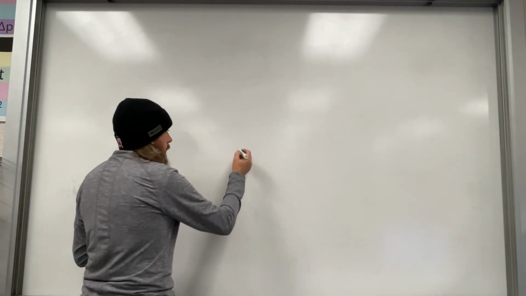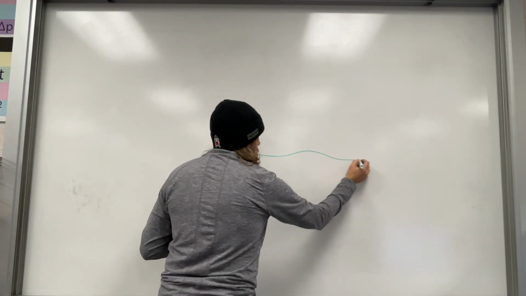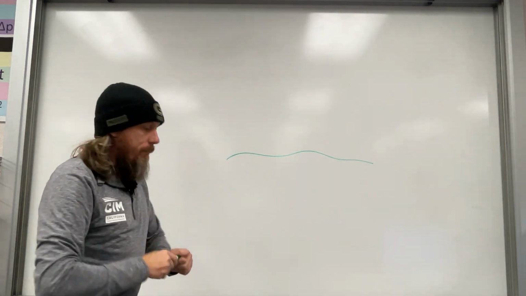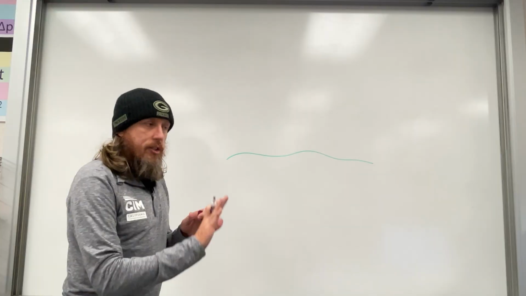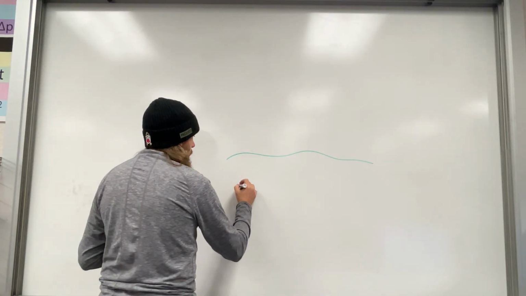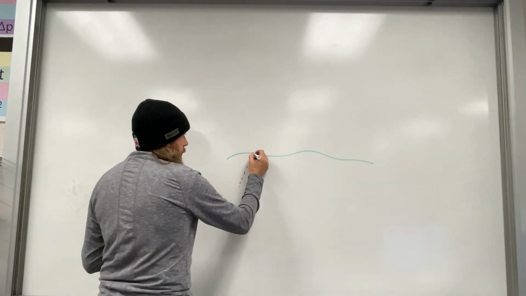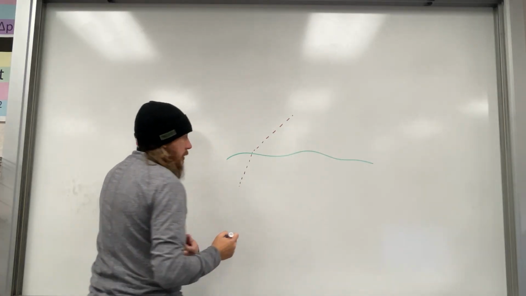So if I take a little bit of light, and I have something that's shining light upward, it's going to bend the light a certain amount, right?